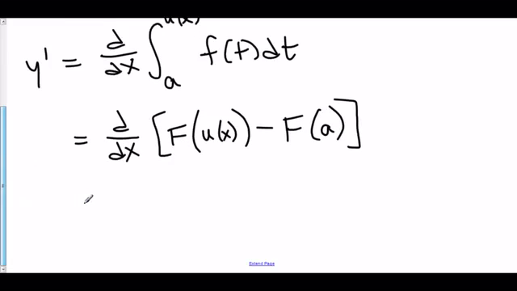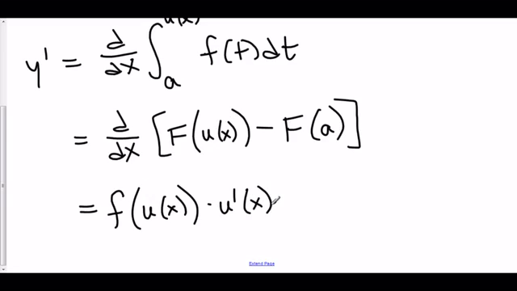Well, at this point, we notice that we're going to have to use some chain rule because we have big F of stuff, some function of x. And when we take the derivative of big F of stuff, we take the derivative of our outside function, which is little f, we plug in the stuff, we keep it in there, and then we multiply by the derivative of the stuff. So that's u prime of x.